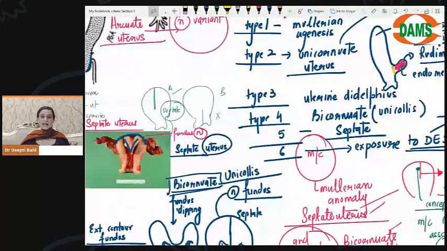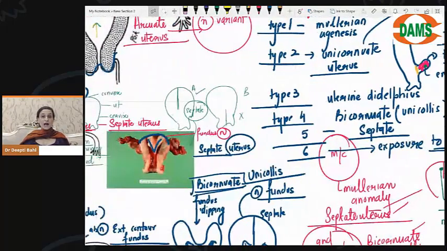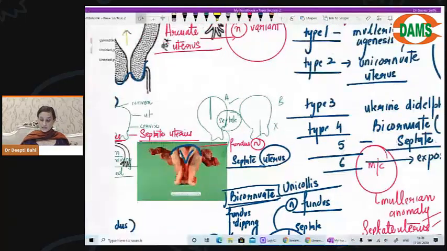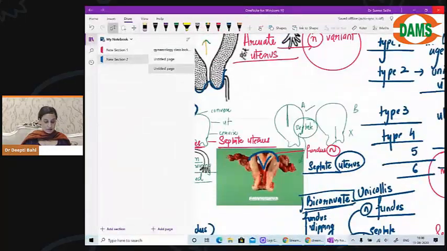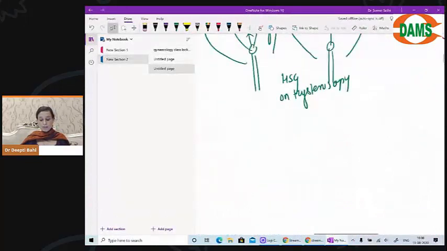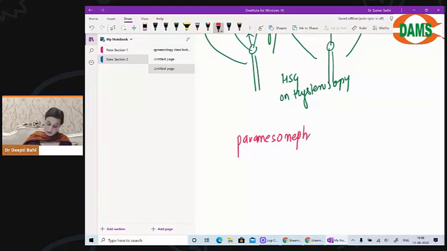I told you, Mullerian ducts are also called what ducts? Paramesonephric ducts. Yes, you remember, they are also called paramesonephric. Now, can you tell me, the urinary tract develops from what embryonic structure? Mesonephros, right? So the urinary tract is going to develop from mesonephros.